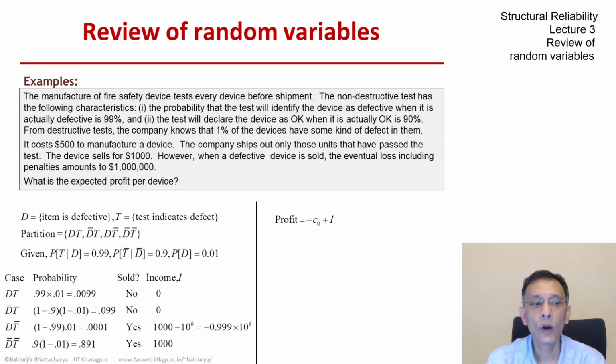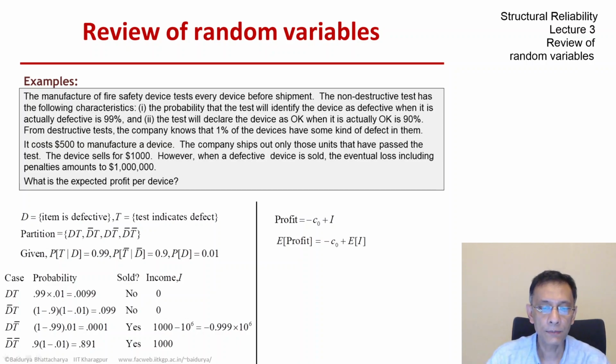So now we want to find the expected profit. As we know that expectation is a linear operator, the constant just remains as it is, and then the expected value of the income. The expected value of the income is the value times the corresponding probability.